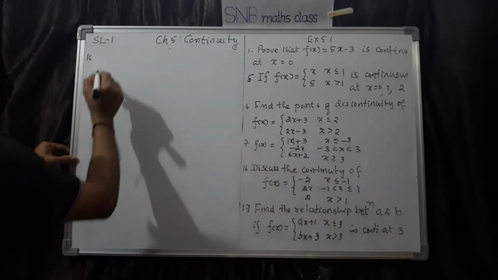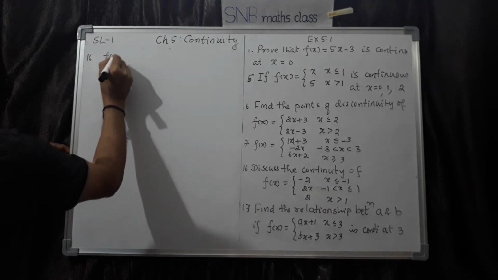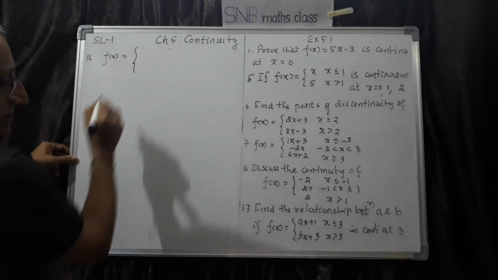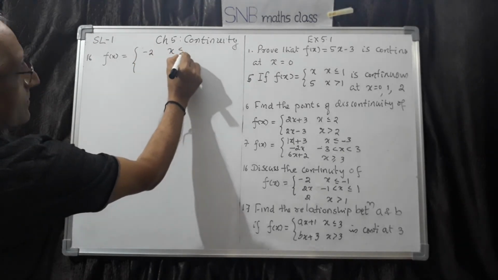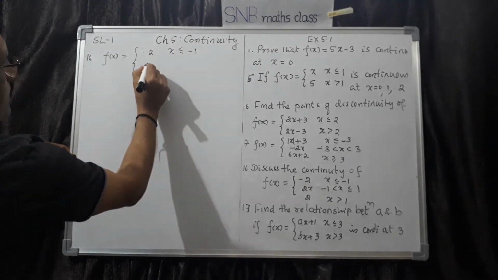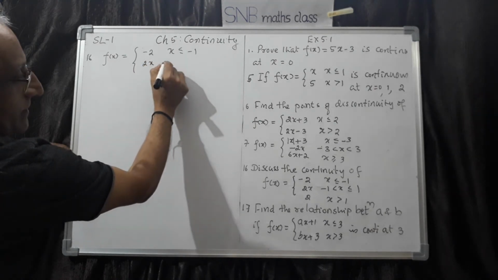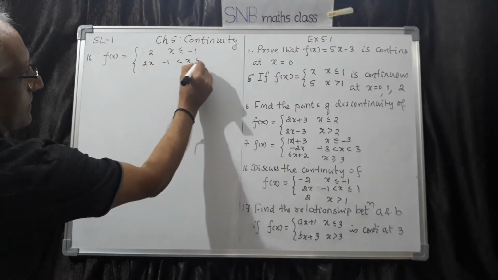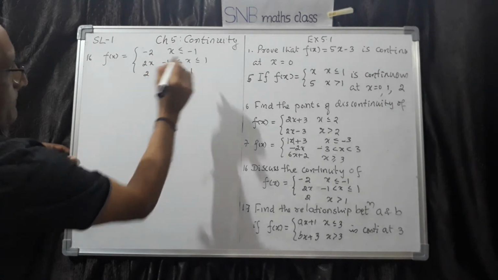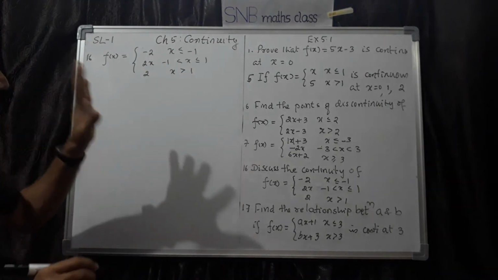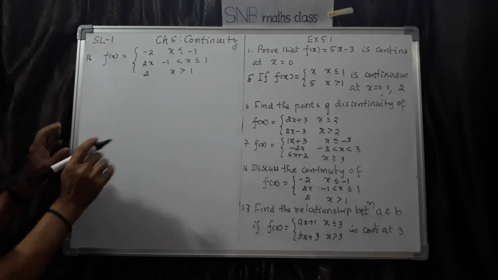The given function is f of x equal to minus 2 for x less than or equal to minus 1, 2x for minus 1 less than x less than 1, and 2 for x more than or equal to 1. As before, the same argument; you have to write one sentence always.